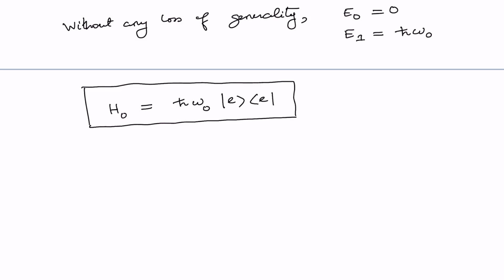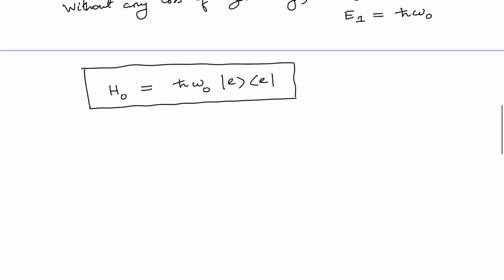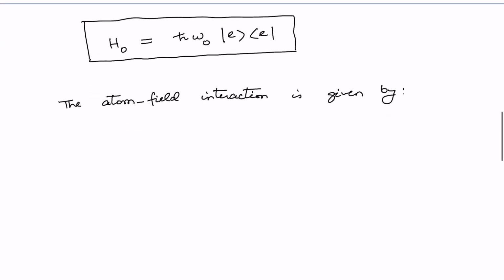Now, if it interacts with the light field, this light field is basically going to induce a dipole moment, or if the atom already has some dipole moment, then the atom-field interaction is going to be given by this particular term. The atom-field Hamiltonian is going to be because of the dipole moment of the atom.